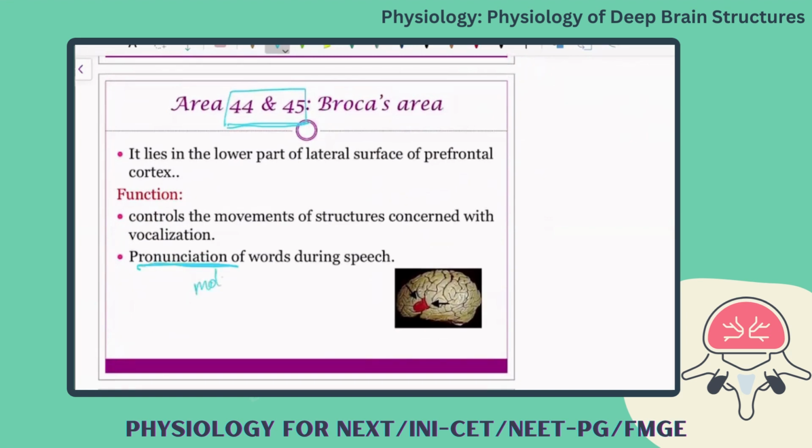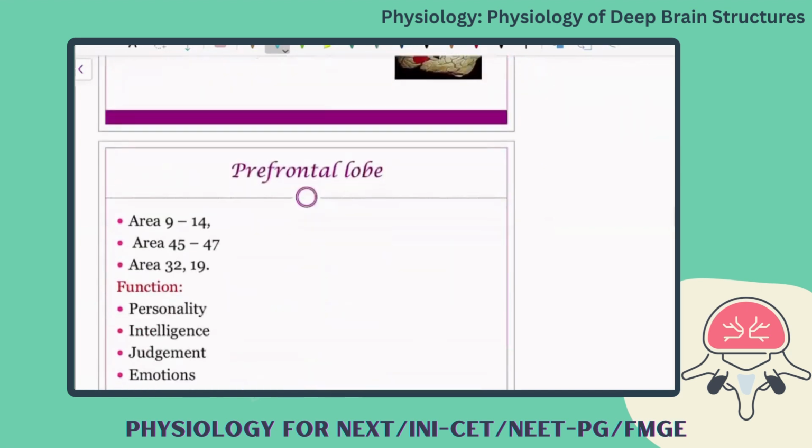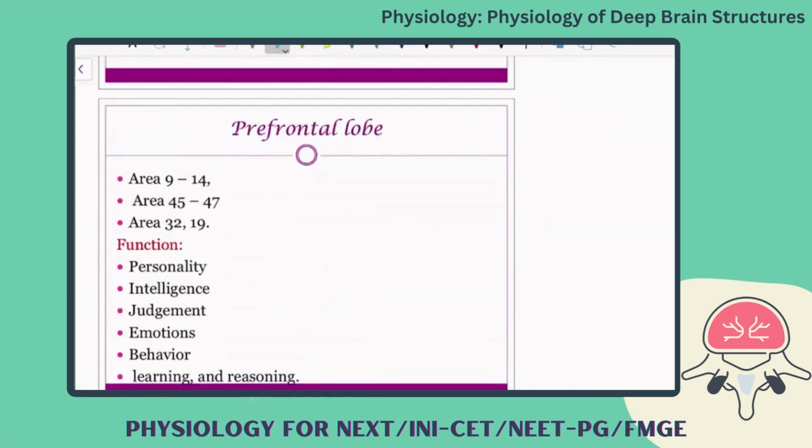This is motor. Okay. And in the prefrontal lobe, you have the association areas, mainly for psychometric functions.